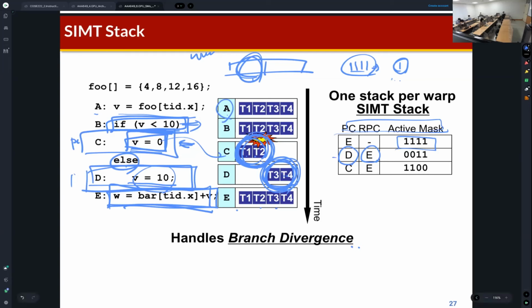I will explain it later. If the PC is D, then the return PC is E. So when this D instruction is executed, we set the active mask of this warp as 0011, because only T3 and T1 are executed, right?